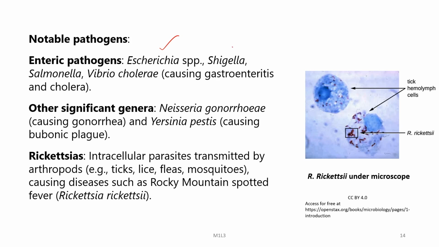Then you have Shigella, Salmonella and Vibrio cholerae, which cause gastroenteritis and cholera. Other significant genera are Neisseria gonorrhoeae, which causes gonorrhea, and Yersinia pestis, which causes bubonic plague. Then you have Rickettsias. These are intracellular parasites transmitted by arthropods like ticks, lice, fleas, mosquitoes, causing diseases such as Rocky Mountain spotted fever.